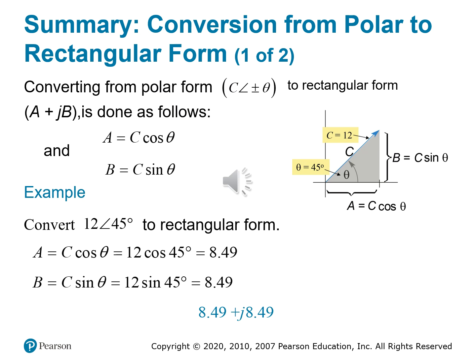And here's the formula breakdown. If you're given something in polar form, let's say you have 12 at an angle of 45, you can translate that into rectangular coordinates using the formulas: A is equal to C cosine theta, and B is equal to C sine theta. It's right up there on the slide.